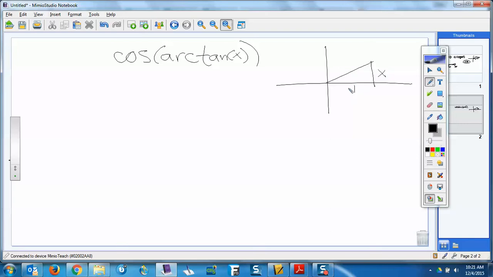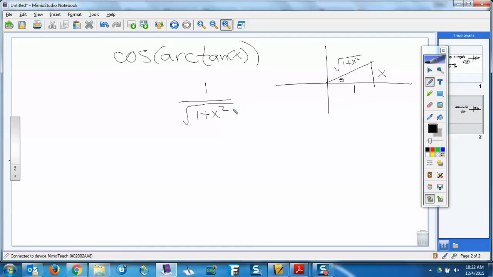Then by the Pythagorean theorem, the hypotenuse is the square root of 1 squared plus x squared. The cosine of this triangle is adjacent over hypotenuse, so it's 1 over the square root of 1 plus x squared. So that's what number 9 is.